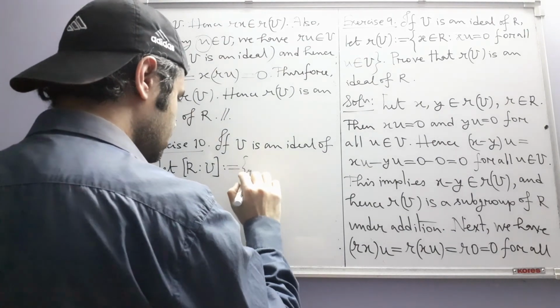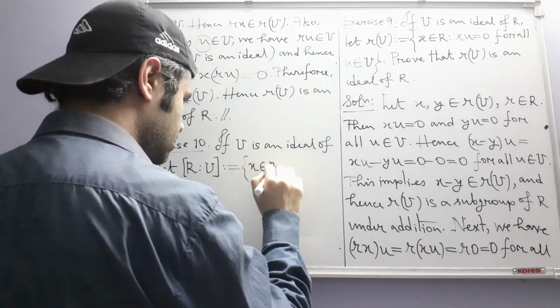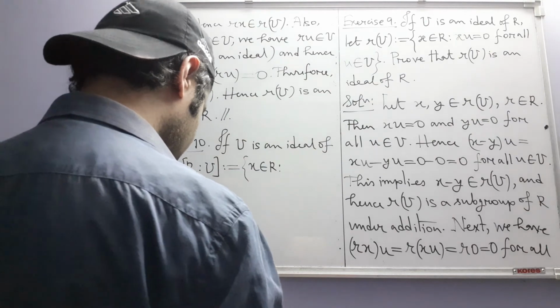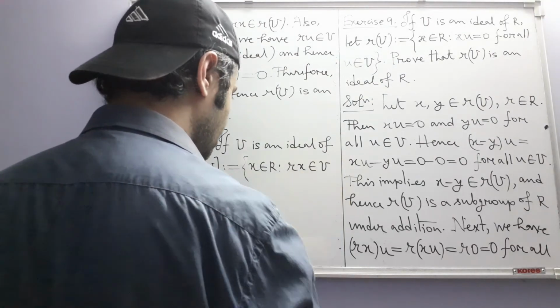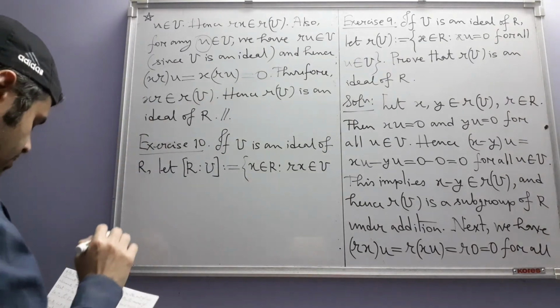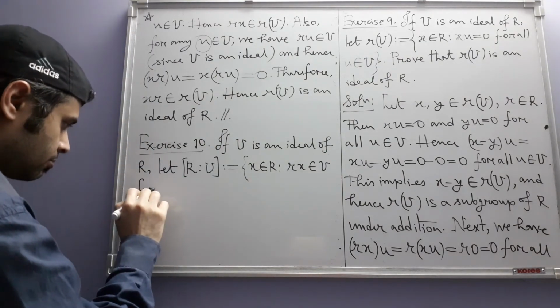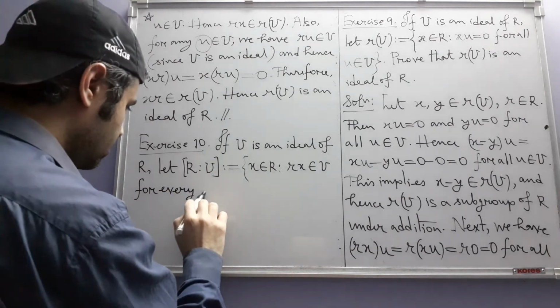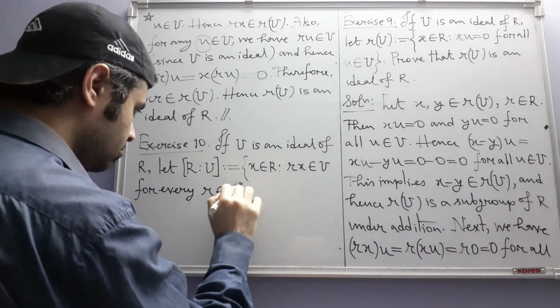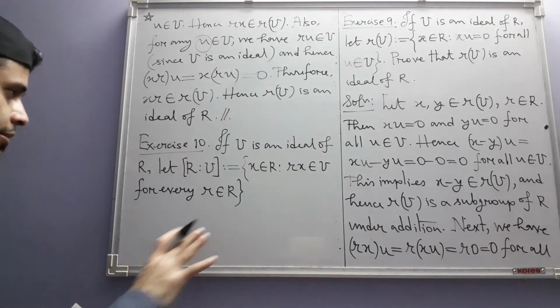So this is the set of those elements in the ring such that rx belongs to U for every r in R. It's a slightly different one.